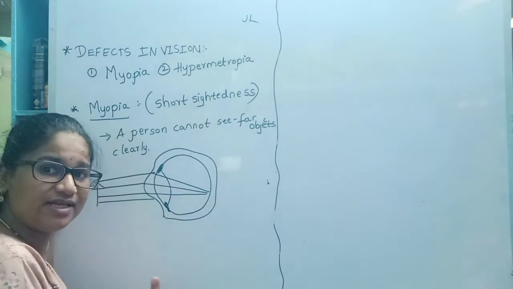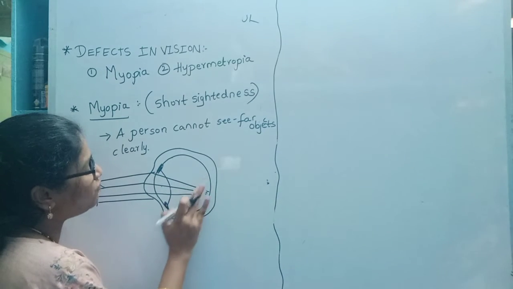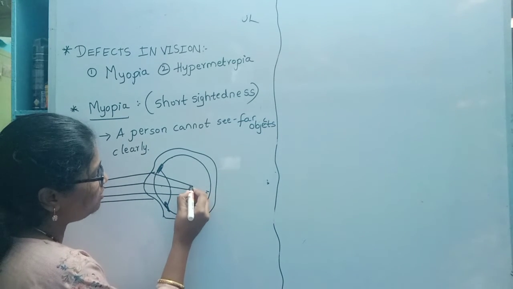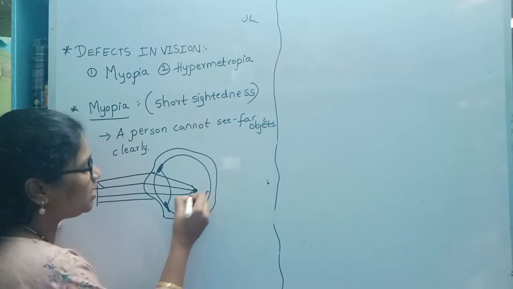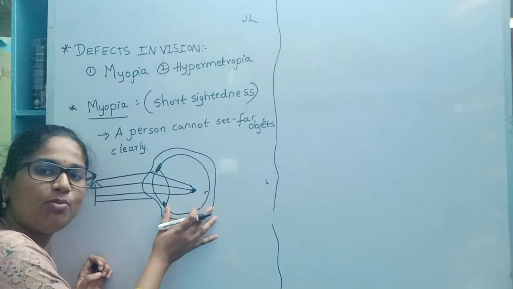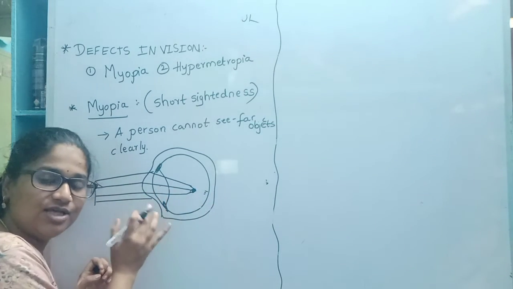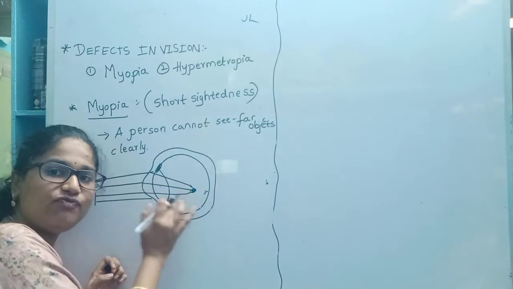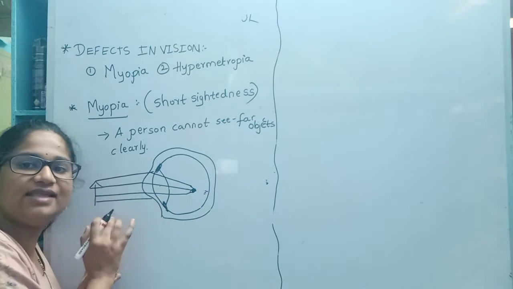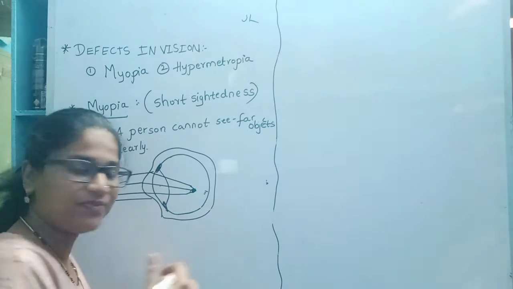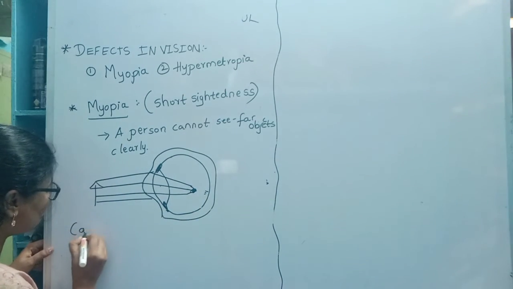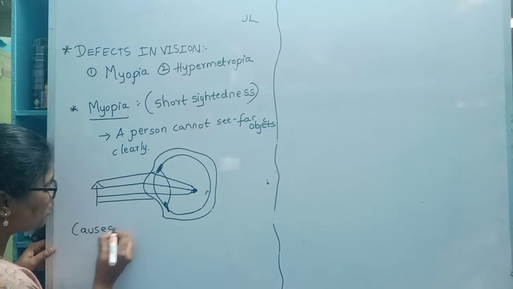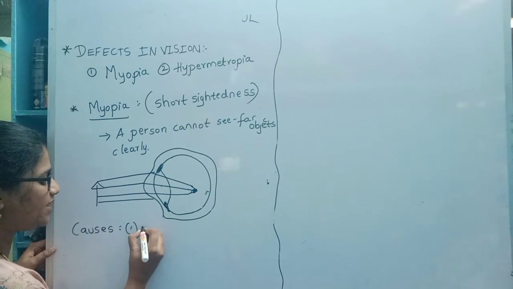So what might be the reason? The image is not formed on the retina. For myopic persons, the image of an object is not formed on the retina. If the image is not formed on the retina, we can say that the lens has become thicker. So what might be the causes for myopia? The lens might have become thicker.